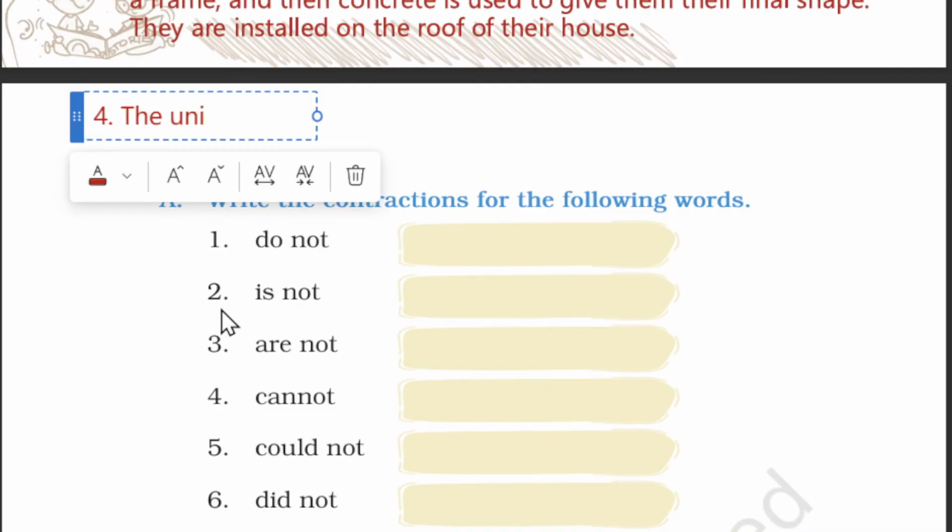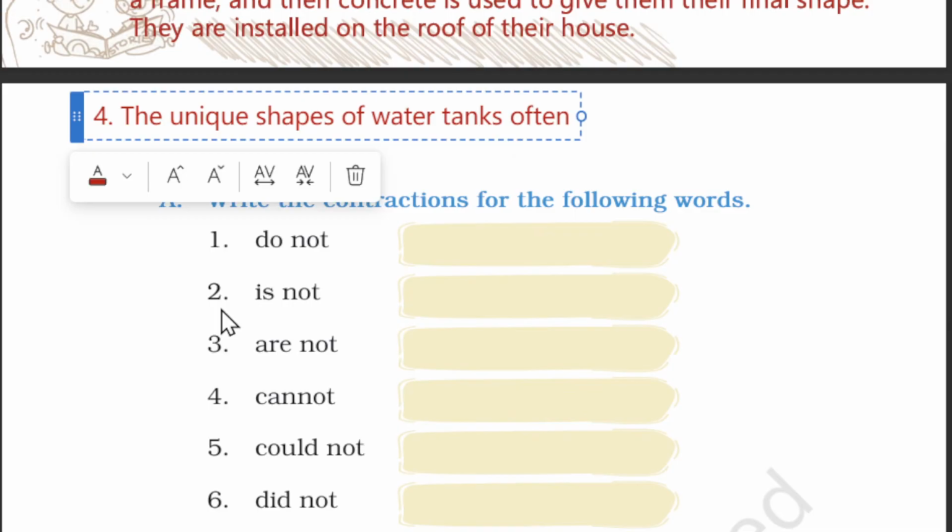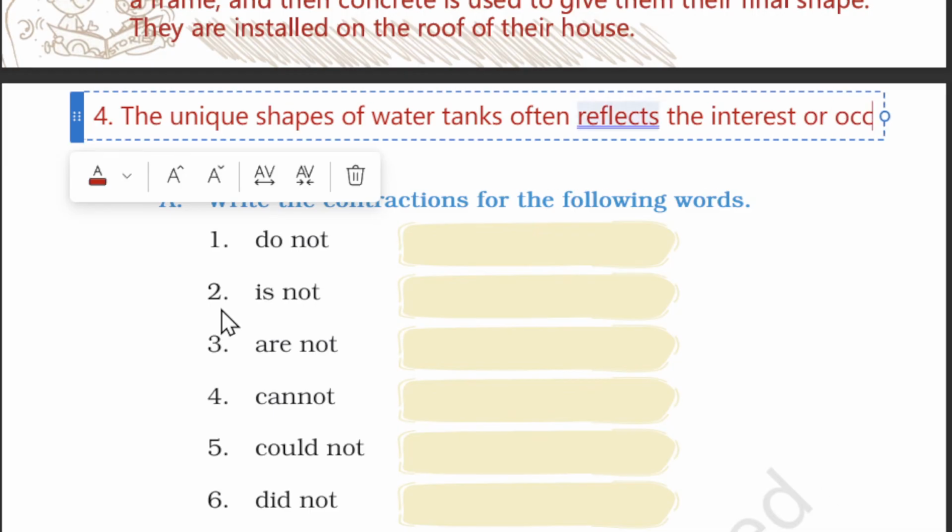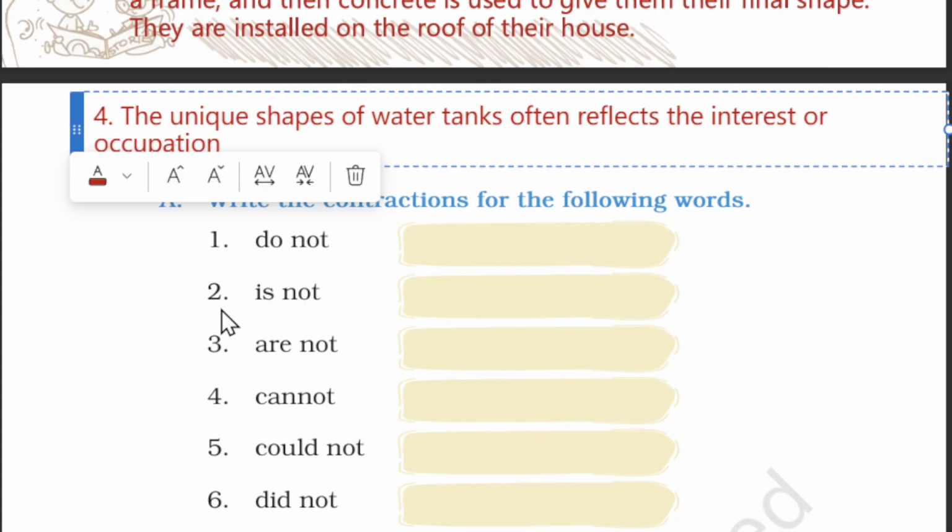The unique shapes of water tanks often reflect the interest or occupation of the house owners. You can also add an example.